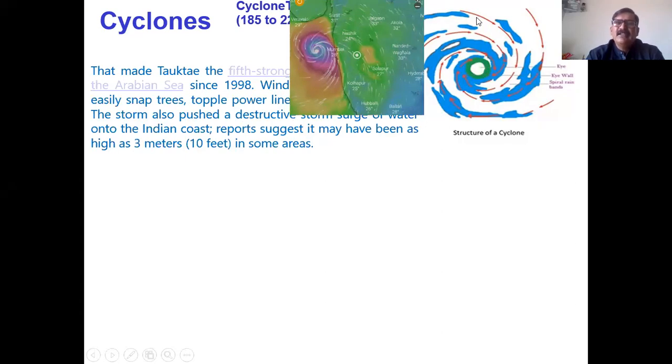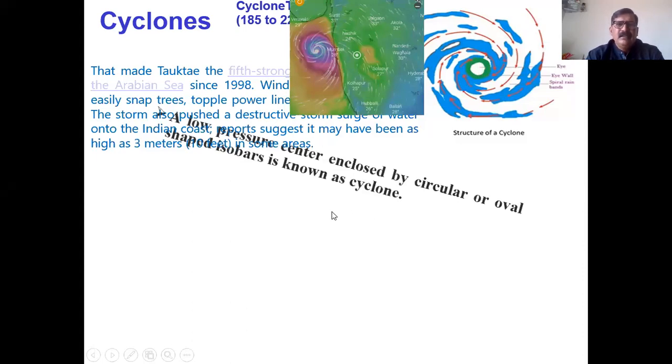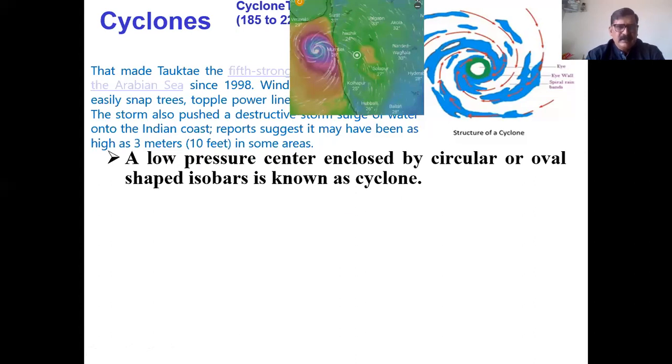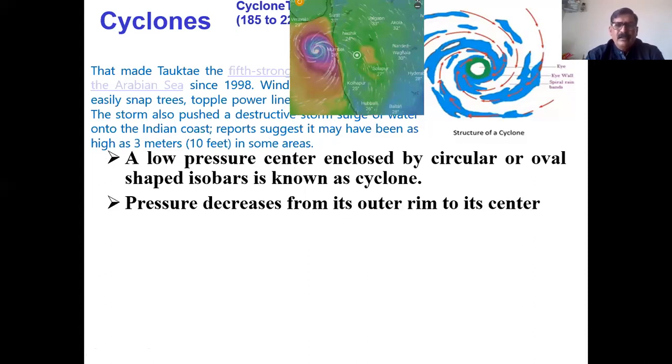Here the pressure is more, then less, again less, and here is a low pressure. When the pressure is low at the center, it is called a cyclone, and it has circular or oval isobars. In the cyclonic condition, pressure decreases from the outer side to the inner rim.